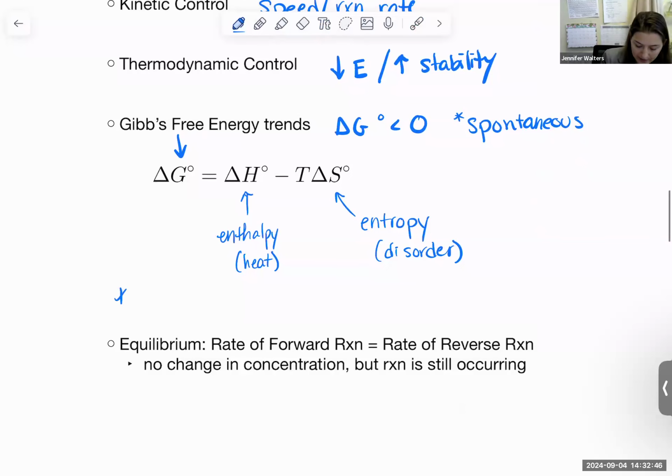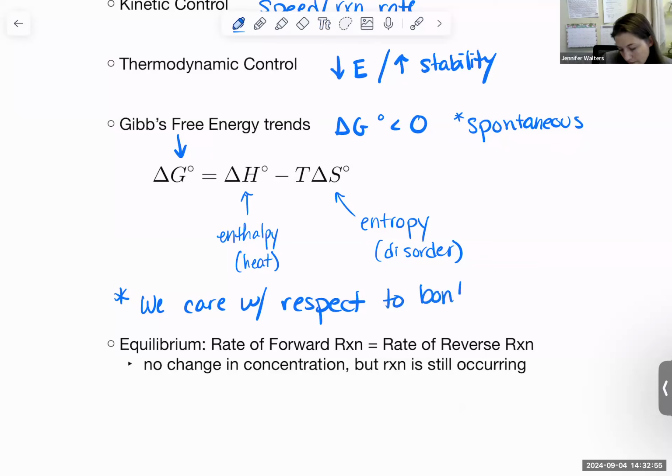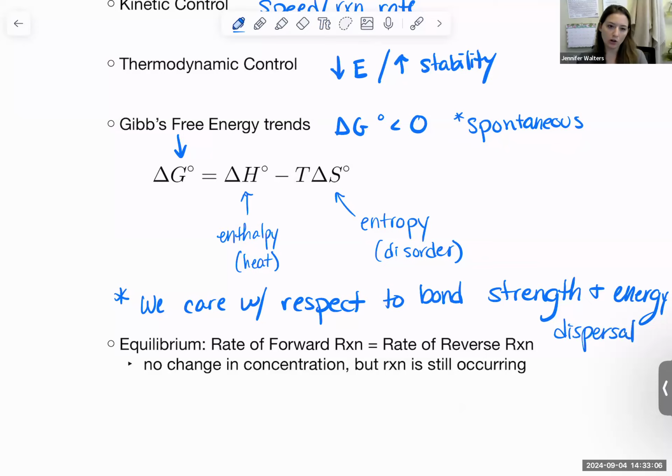How we care about this is with respect to bond strength and energy dispersal. That's what we're going to care about with our reactions, is just looking at, is it going to be a strong bond? Is it favorable to break, or is it not? That's how we're going to use this equation. And to be honest, we're not going to use the actual equation. That's how we'll use the concept.